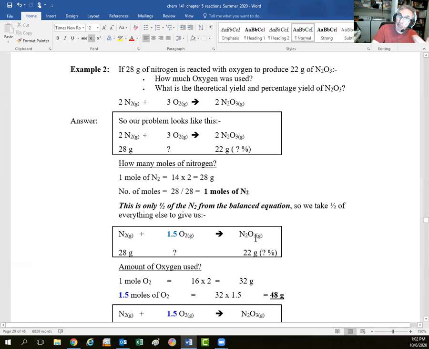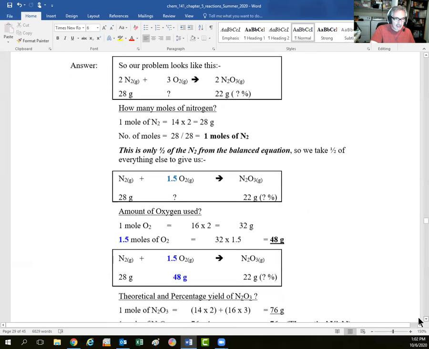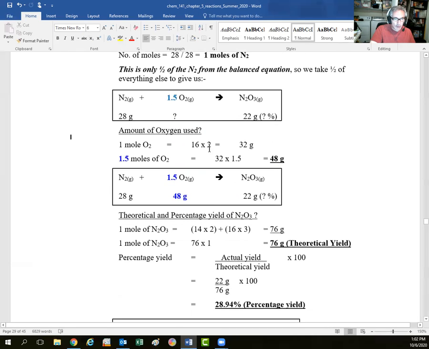Now we can work out the masses for these proportions. For the oxygen gas, O2, 32 grams per mole, and 1.5 moles, that would be 48 grams. For the dinitrogen trioxide, that's easy enough. We're just looking for the mass of 1 mole: 14 for nitrogen, 16 for oxygen, so 76 grams per mole.